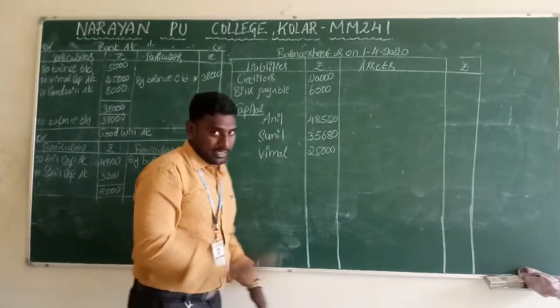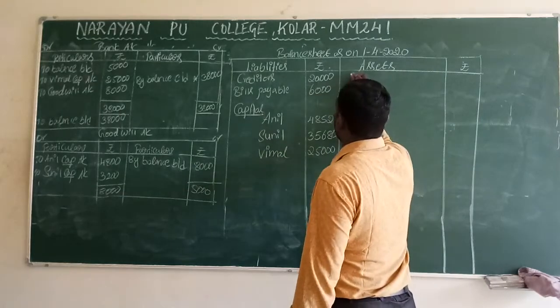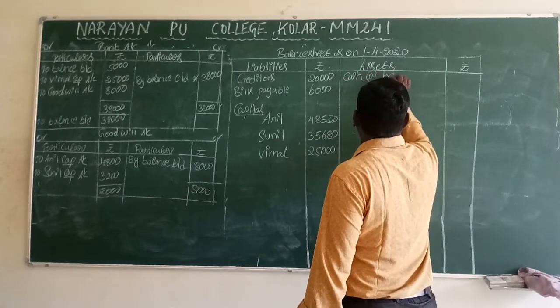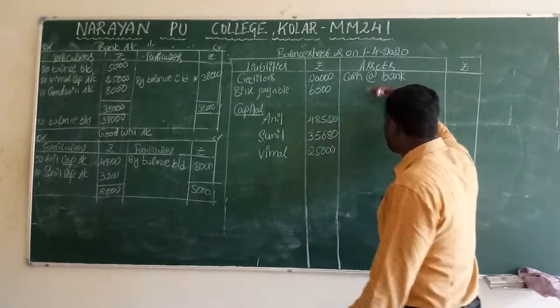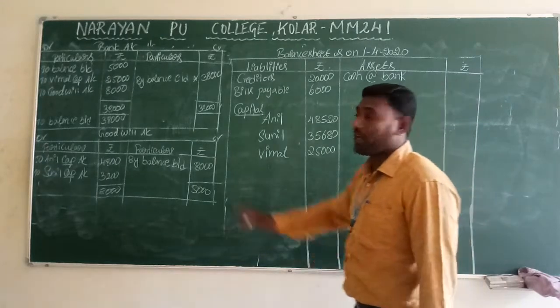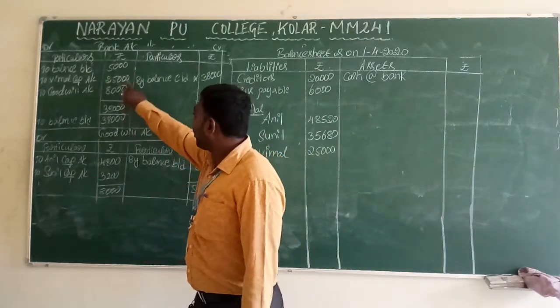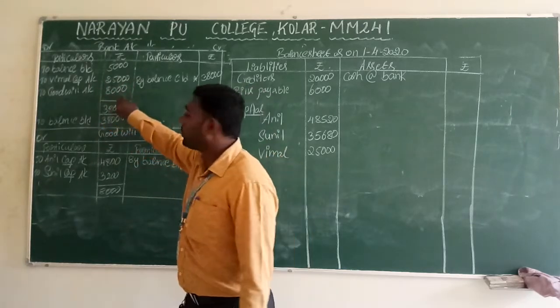Let's come to the asset side. In the asset side, the first heading they have given is cash at bank. But what is the present balance available in the bank? We have to prepare the bank account. In the beginning we have 5,000. After that 25,000 has been deposited by Vimal, and he also paid 8,000 towards goodwill.